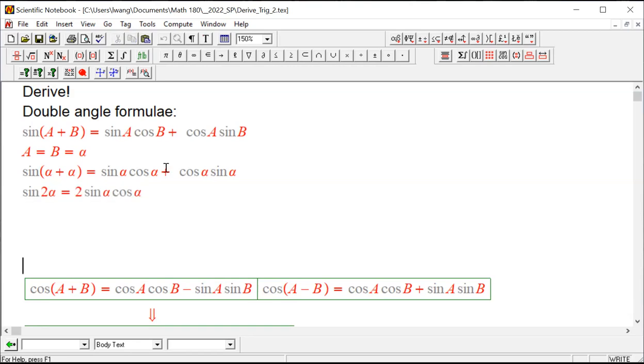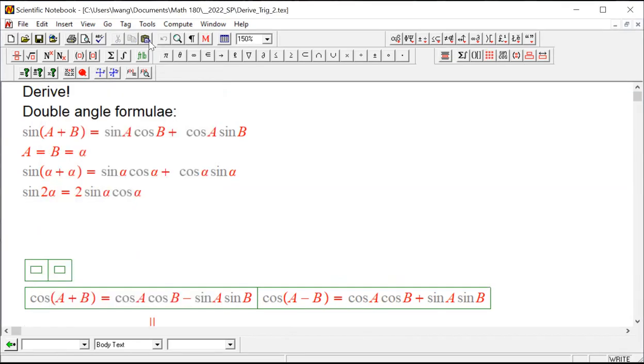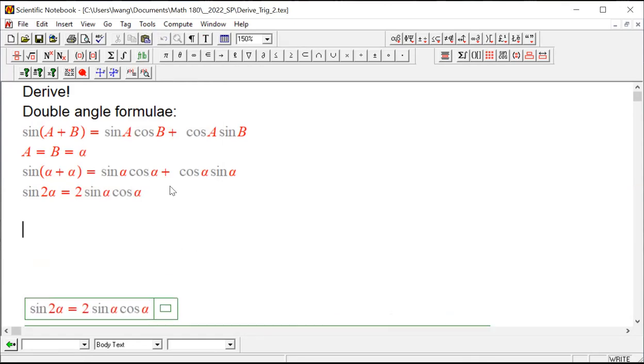A common mistake for sine is that sine 2x equals 2 times sine x.